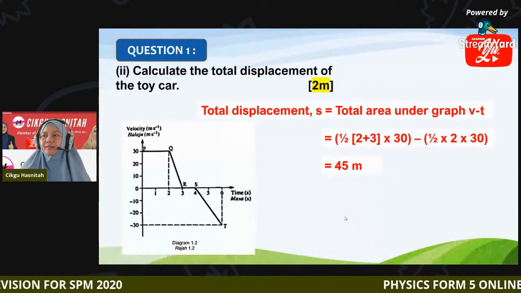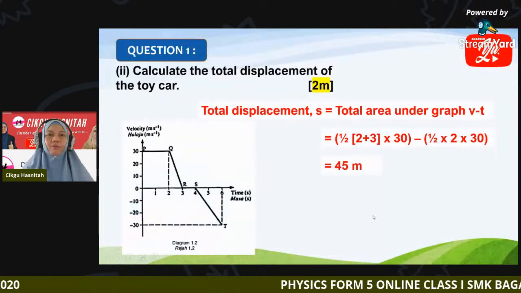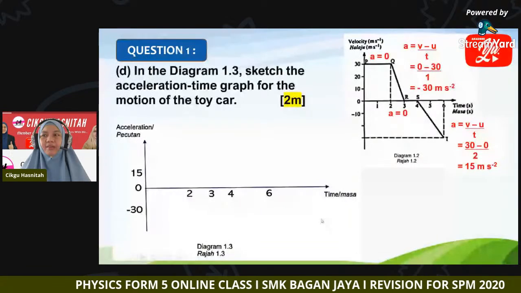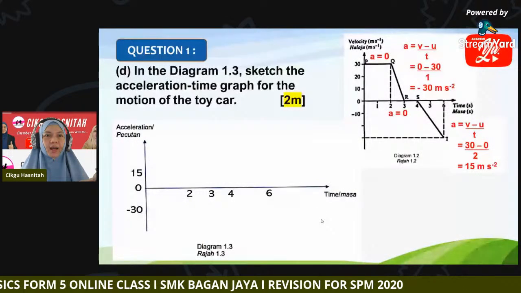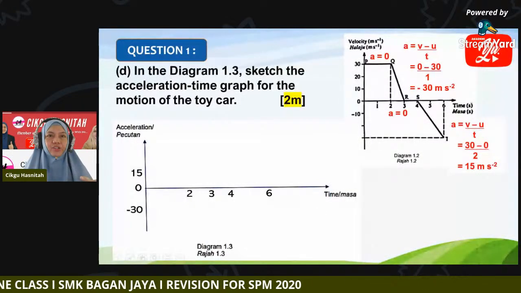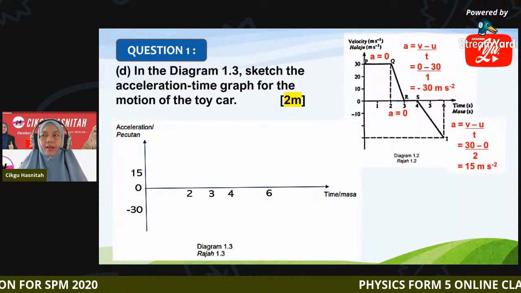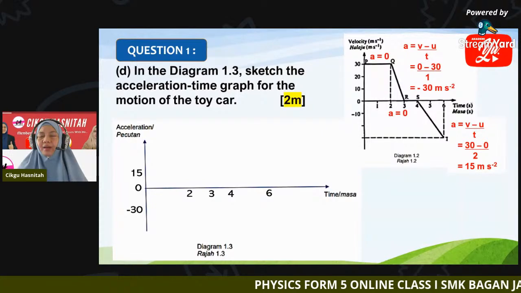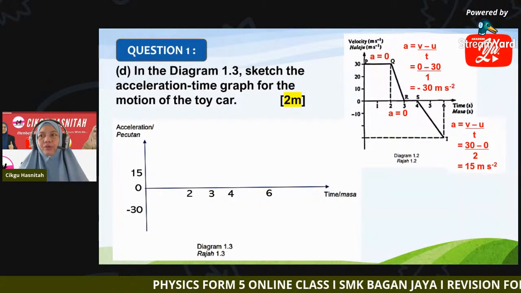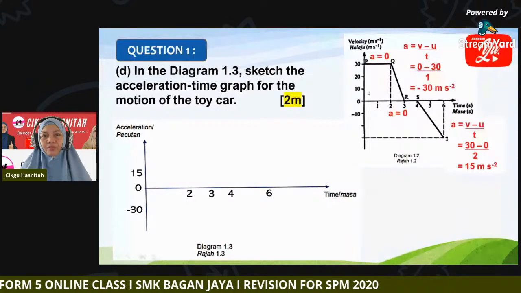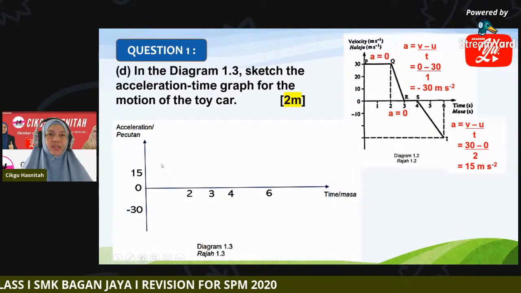Next, part D. In diagram 1.3, you are asked to sketch the acceleration time graph for the motion of the toy car. Initially you are given a velocity time graph, and now you sketch an acceleration time graph. So how to sketch it?